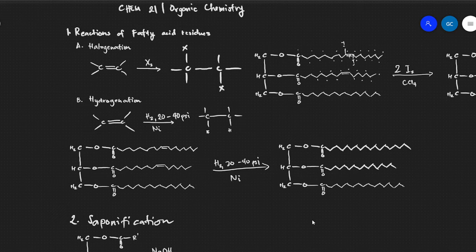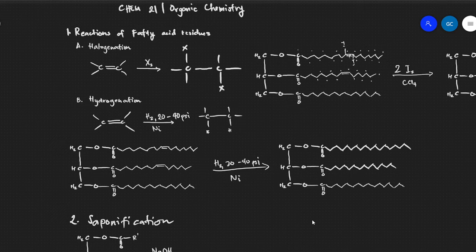So kapag saturated yan, meaning to say wala tayong double bond, walang mag-exist na reactions. Kailangan lang din nating tandaan, class, dapat yung moles or kung ilang moles yung idadagdag natin na halogen or ilang moles yung hydrogen na idadagdag natin ay dapat kasing dami or in excess doon sa ating number ng double bonds.